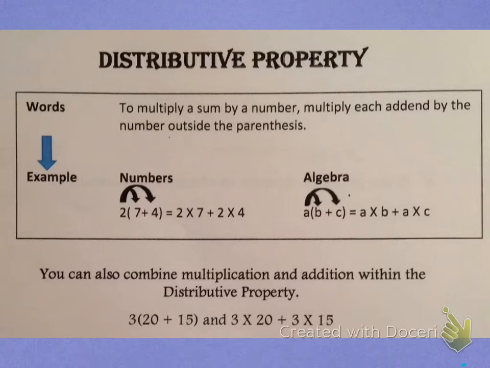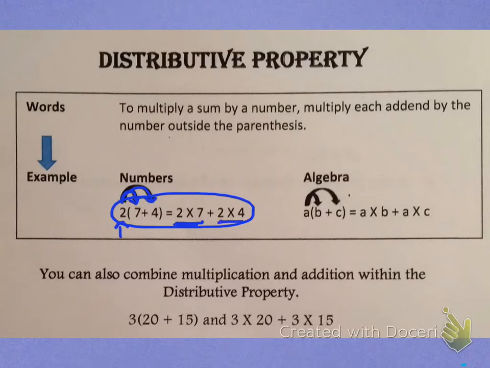One example is just using numbers. If we see the 2 is outside the parentheses, our distributive property says to multiply this 2 by both numbers inside. So we would multiply 2 times 7 right here, and then 2 times 4 right here.